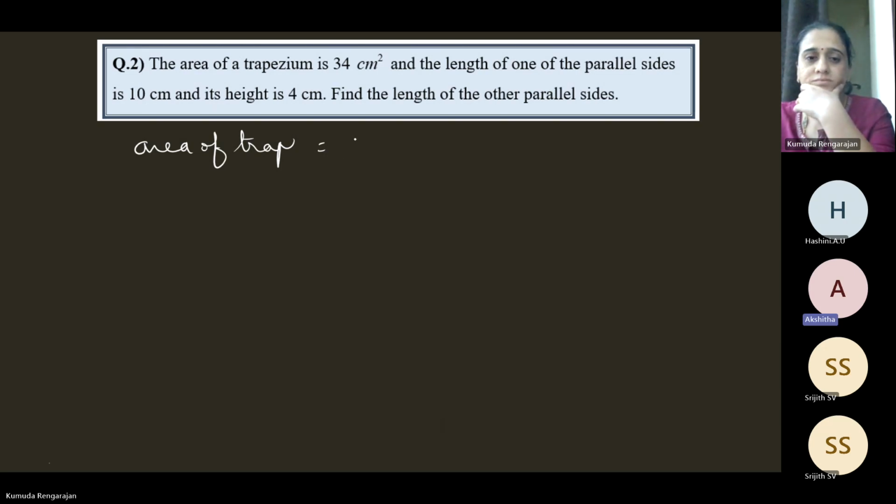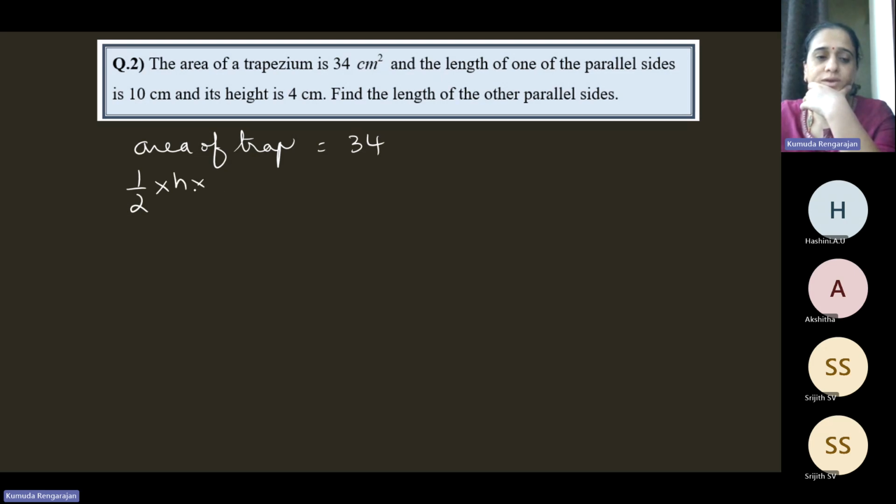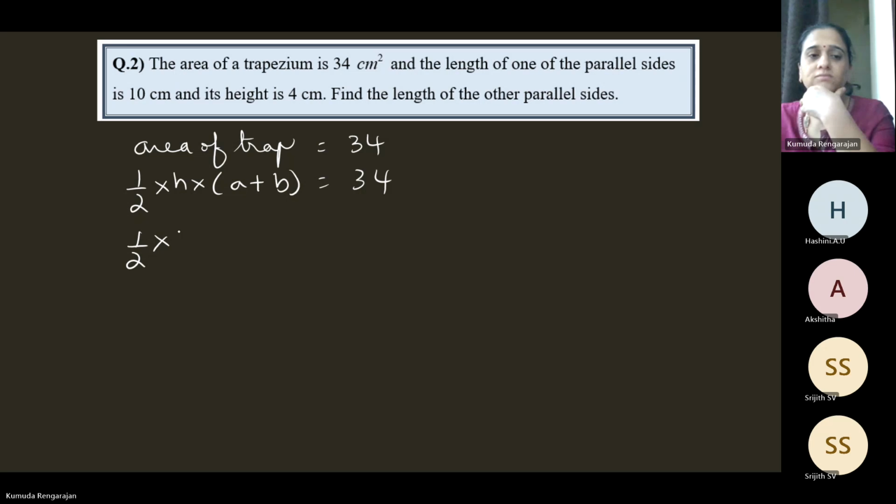Ma'am, 34 centimeters square. Okay, so half into h into a plus b is equal to 34. Half into what's the value of h? Ma'am, 4 centimeters. Into A plus B. What is A? Ma'am, 10 plus B is equal to 34. Can we cancel 2 and 4? Yes, ma'am.